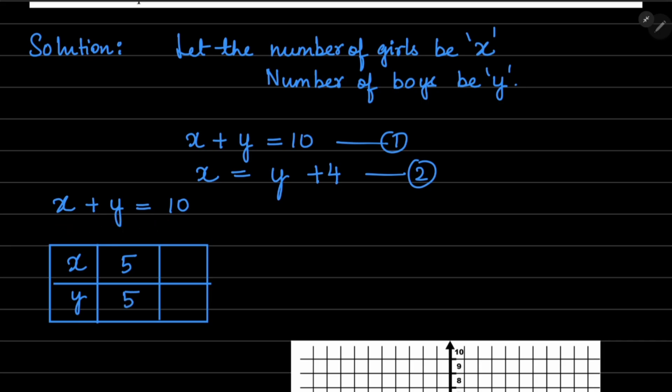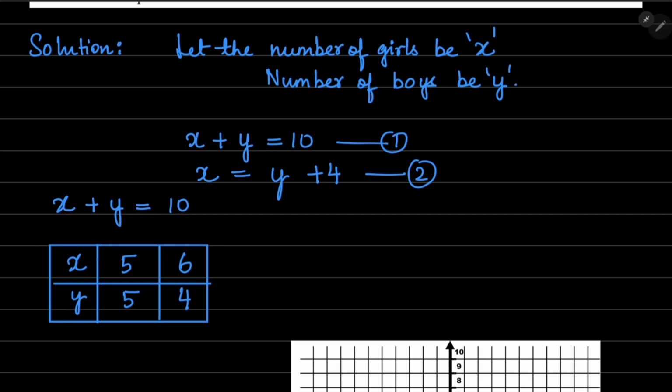So this is your first point in order to draw the straight line graph which this equation represents. The second one is, suppose x is 6, then 6 plus y equal to 10. What will be your y? Y will be 10 minus 6, which is nothing but 4.